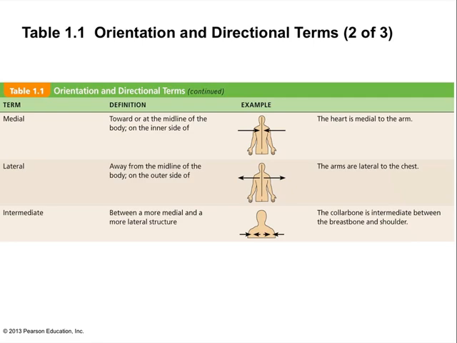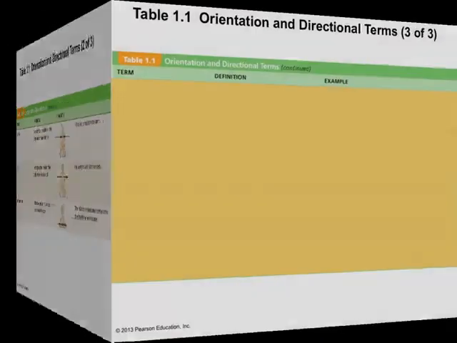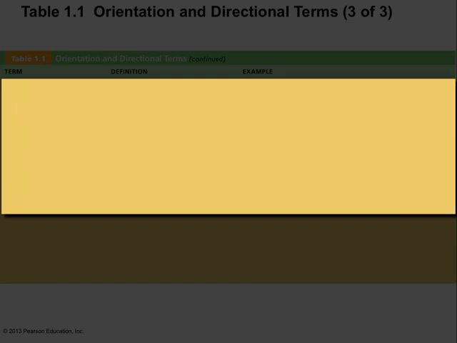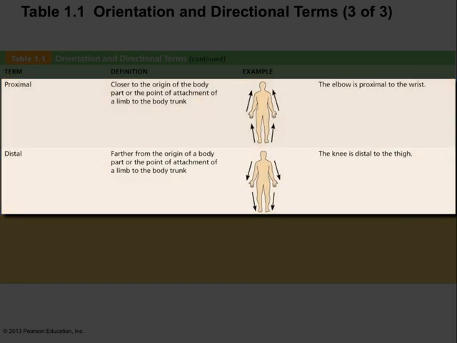Turn the page again. The third set we'll take a look at, we're going to start with another pair. That pair is proximal and distal. Proximal means closer to the origin of attachment of a body part to the trunk, and distal means farther away. A great way to think of this is often used in reference to something like an arm or a leg. Your arm attaches to your torso at your shoulder.